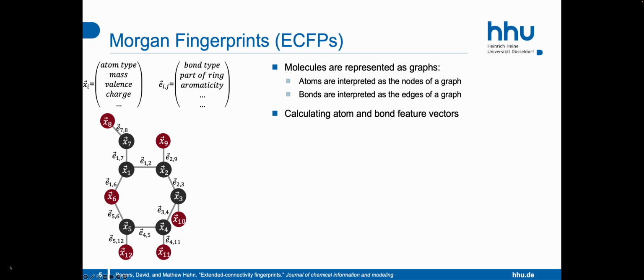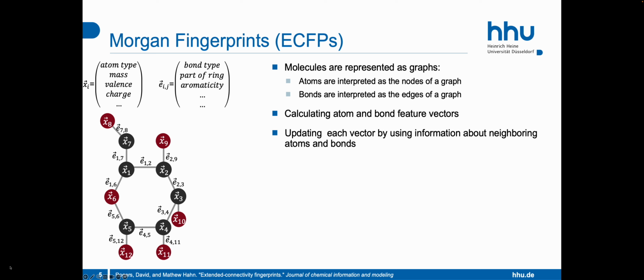Then we calculate for each bond and each atom a feature vector storing information about the atom and bond type. For example, for each bond, we save the information what type of bond we have, and for every atom, we calculate information such as the atom type, its mass, charge, and so on.